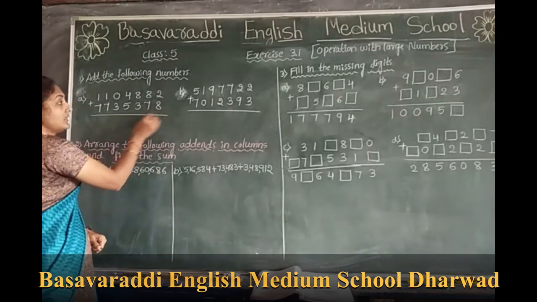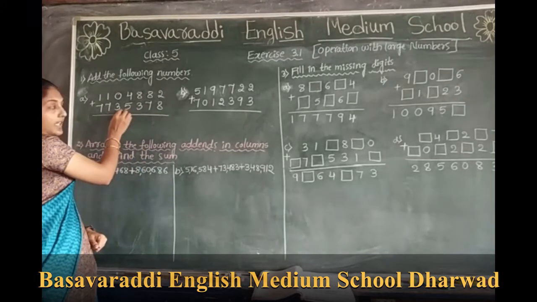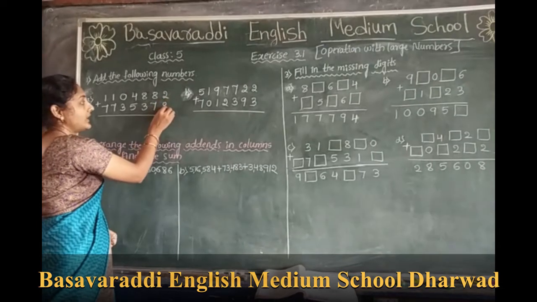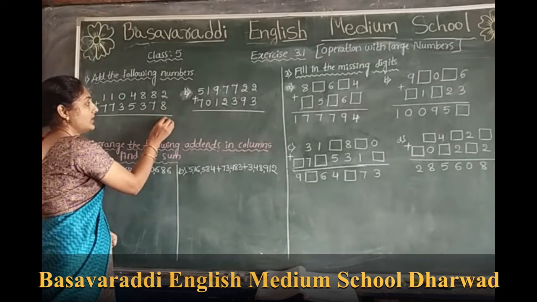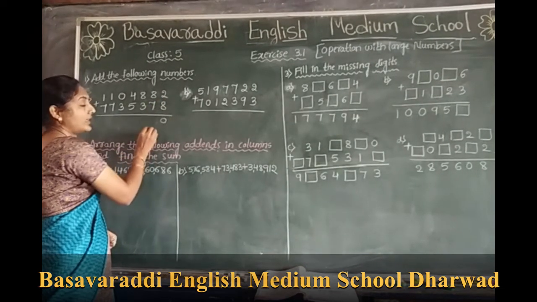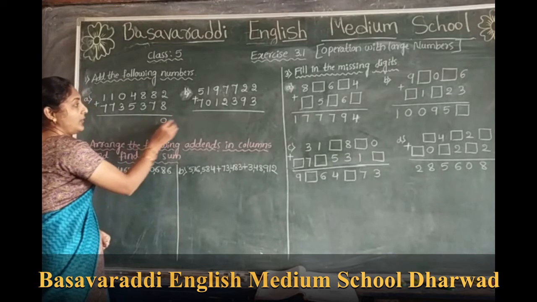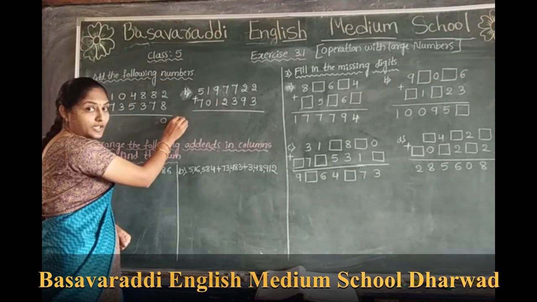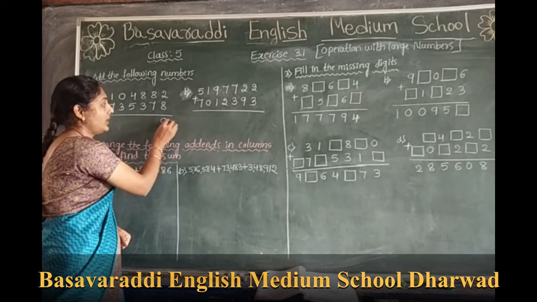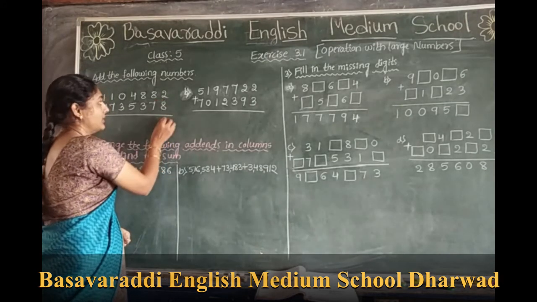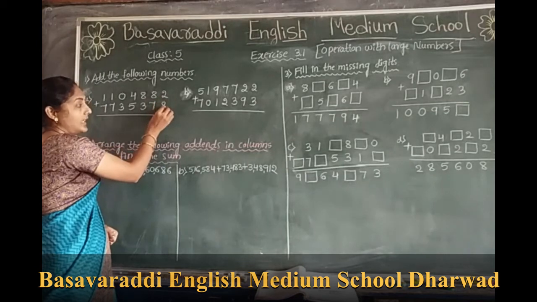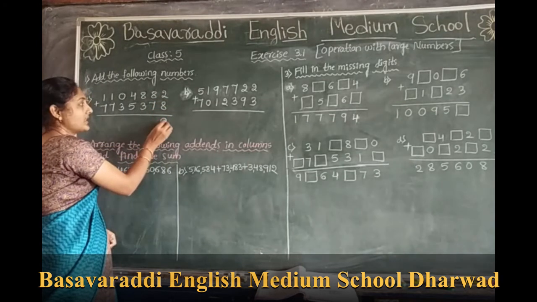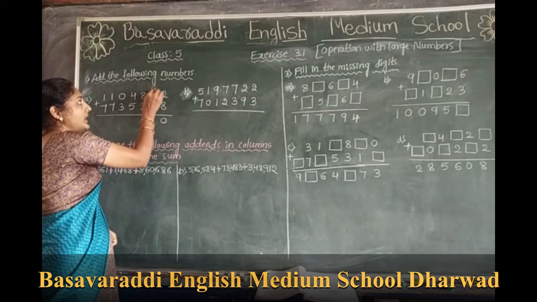Let us start from the right side. 2 plus 8 is 10. 0 is in the ones place. If the sum exceeds 9, we carry over to the next place. So write 0 in the ones place, and 1 carries over to the tens place.